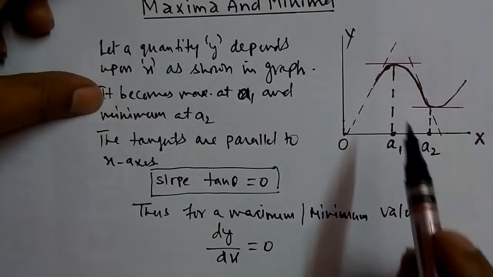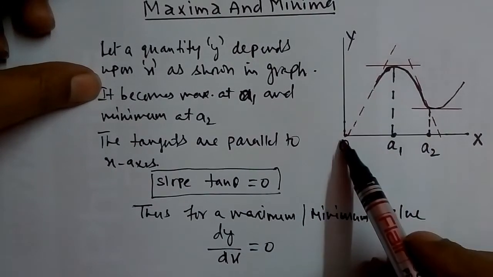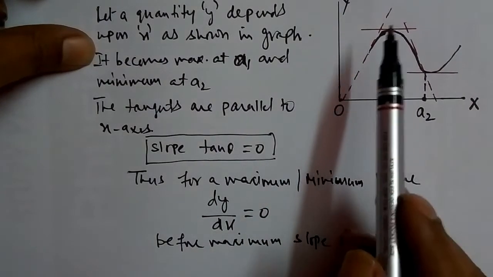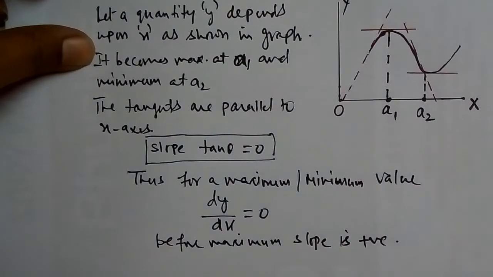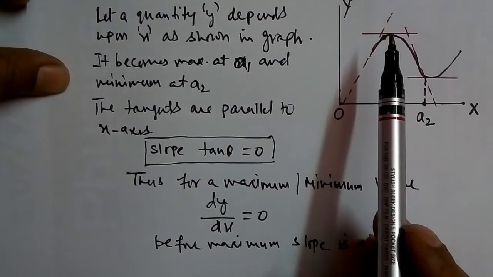In the graph you can see that just before the maximum the slope is positive. And obviously at the maximum it is 0.